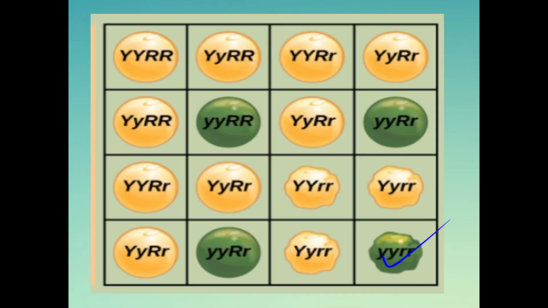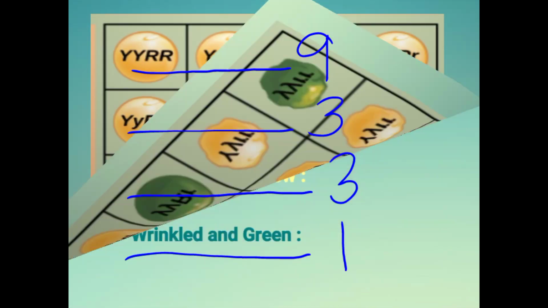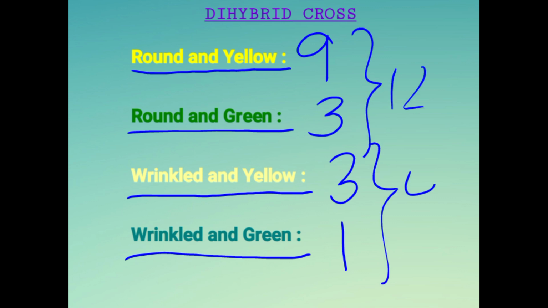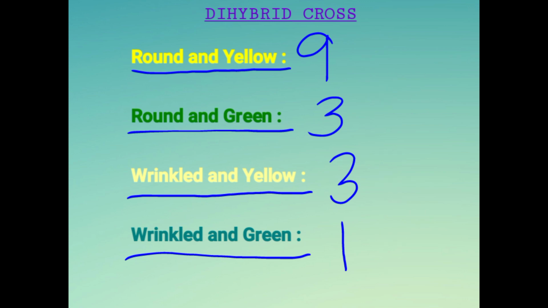Okay, so we have covered all. You can just check it from here. 9 plus 3, how much? 12 plus 4, 16. So here we are having 12 and here 4. Both will give you 16. So we have covered all things.